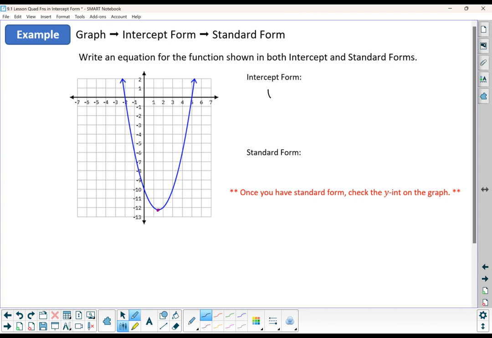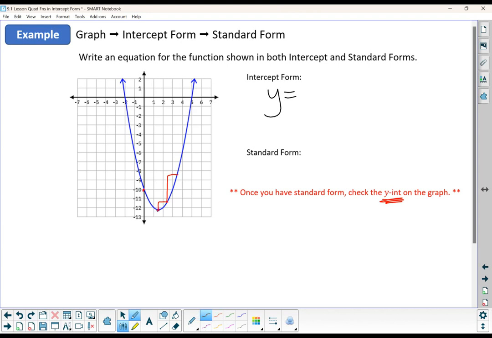So for intercept form, y equals... the a value here is not super clear, but it does look like it might just be up 1, up 3, up 5. It's just not lined up very well on the grid. So we're going to check our y-intercept on our function in a minute to make sure that it matches the negative 10 that we see right here.